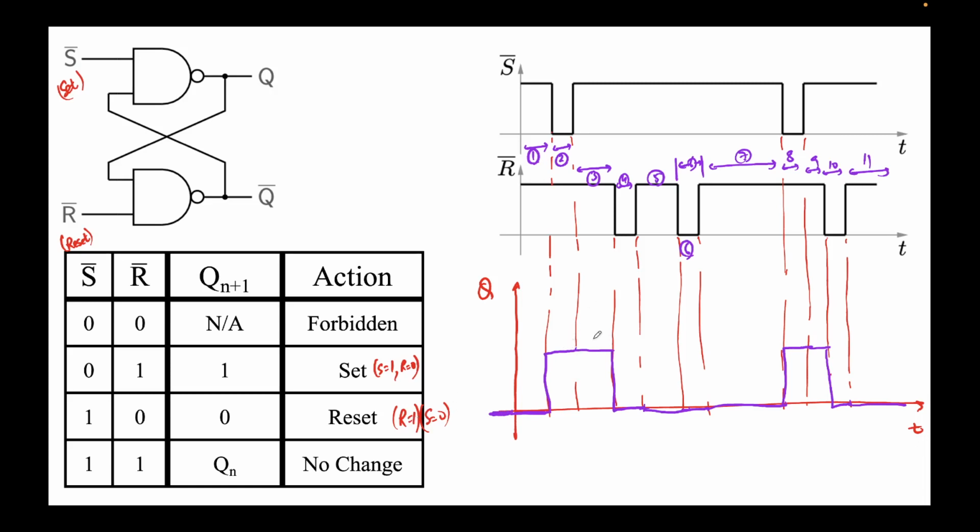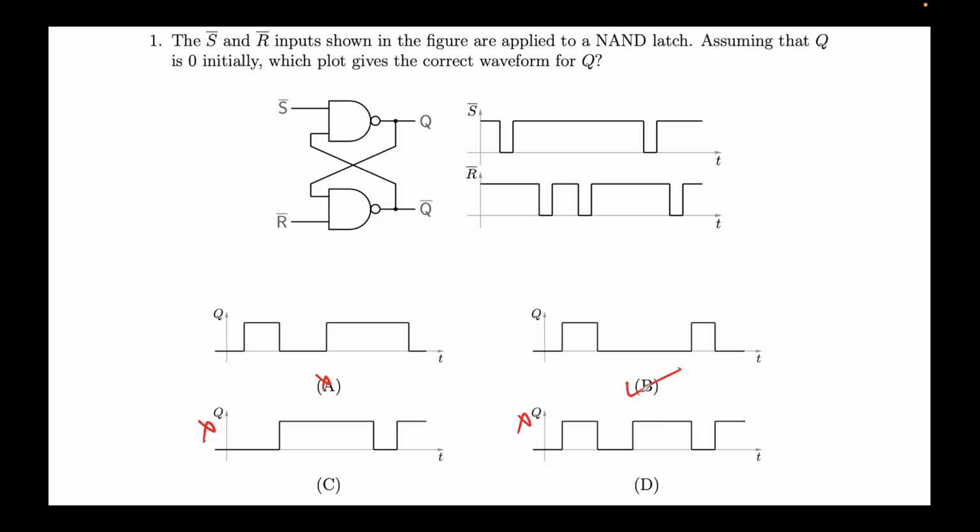That's what I mean: the present value depends not only on the inputs S and R, but also on the previous value, which in this case is Qn. We applied this logic and obtained this waveform, which happened to be option B. So this is one of the very simplest sequential circuits, the NAND latch.